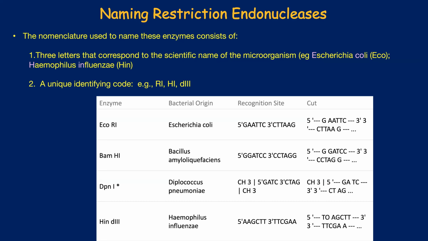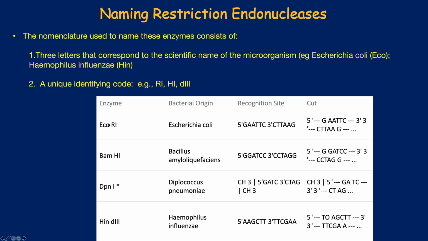So in the case of E. coli, it's E from Escherichia and co from coli, Eco. And that indicates the bacterial source of the enzyme. The R1 designates which enzyme it is.